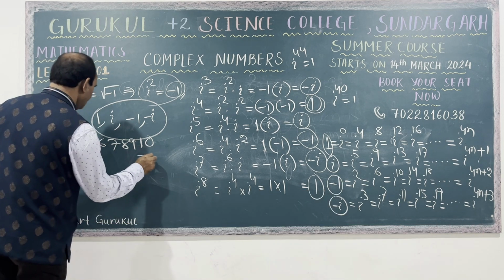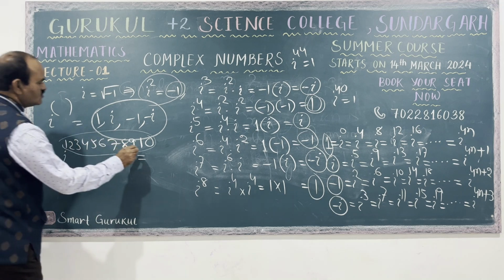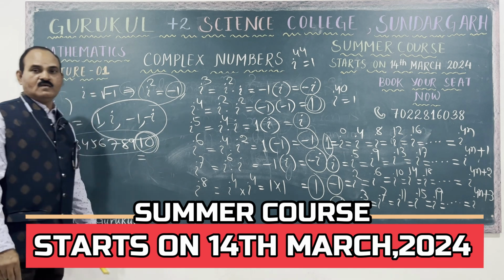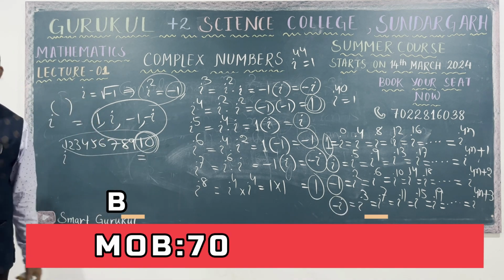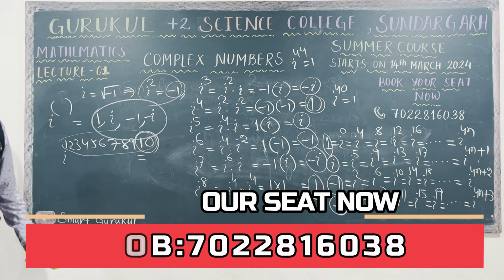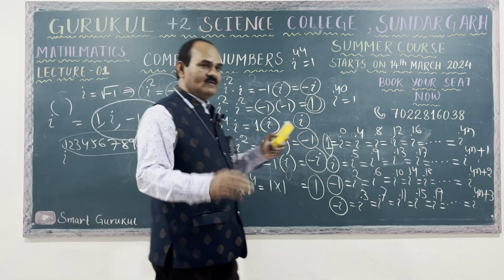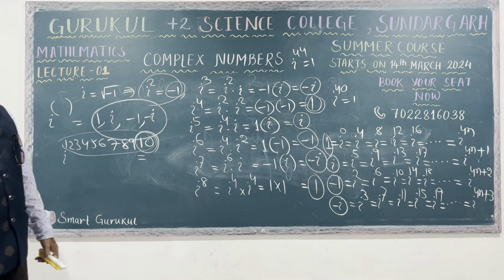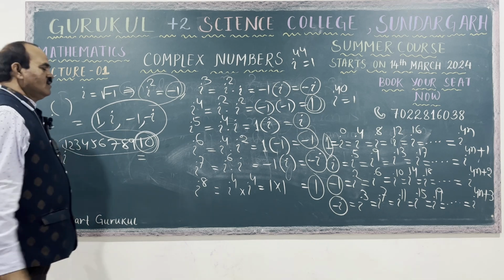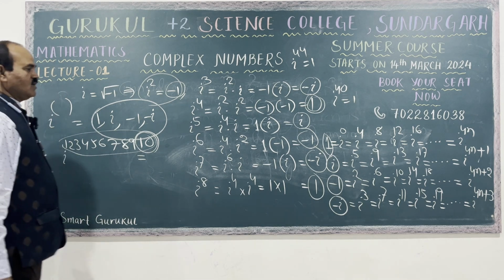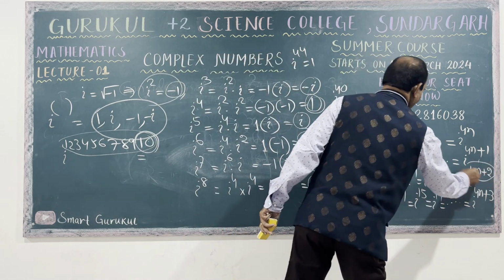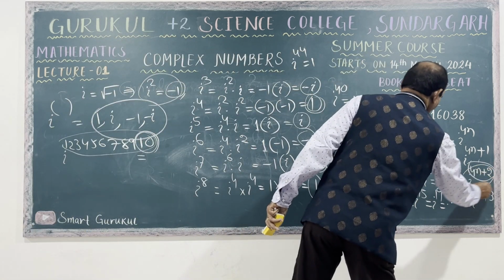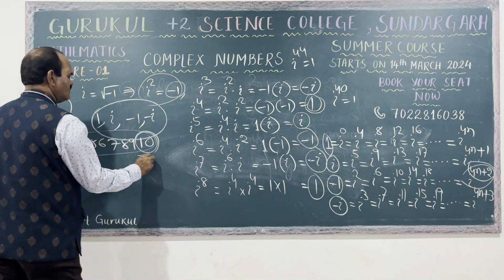You do not have to divide the total number by 4, you have to just divide the last two digits, the ones place and tens place. Divide 10 by 4, and the remainder you get will be the same remainder for the whole big number. Dividing 10 by 4, the remainder is 2, so the answer is of the category i power 4n plus 2, its answer is -1.